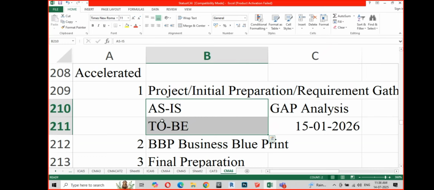Do I really want SAP at that moment? And what is my return on investment? In how many years am I going to get back my investment on SAP? How quickly can I get it? So these are the discussions, these are the points which have to be considered by the implementing company.